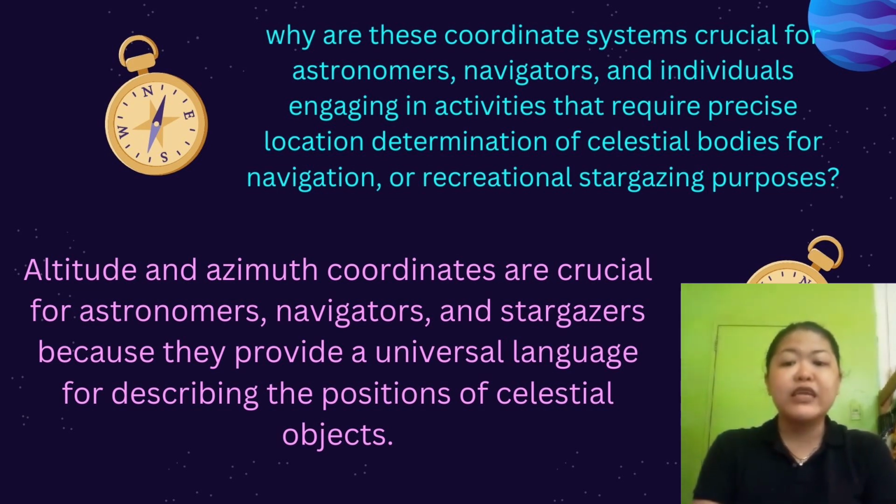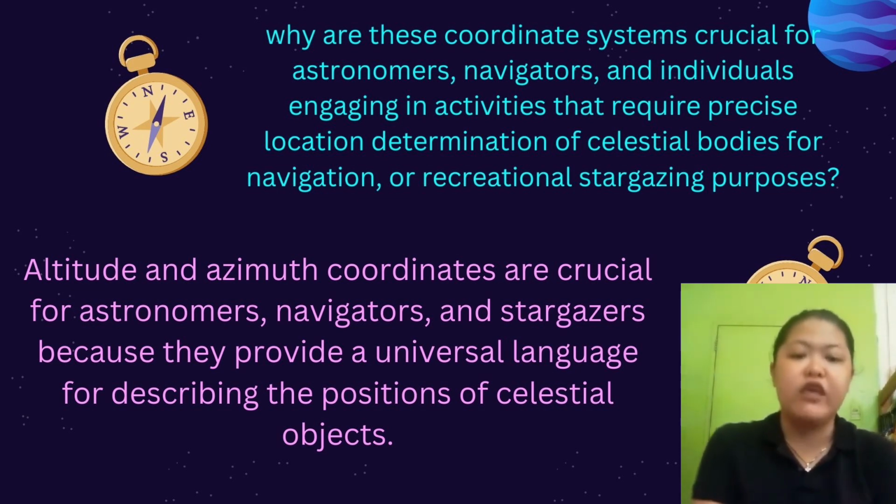So by understanding the relationship between altitude, azimuth, and the position of celestial objects, people can navigate effectively even in the most challenging environment. So very gamit gyud siya sa atong kinabuhi ang celestial navigation.